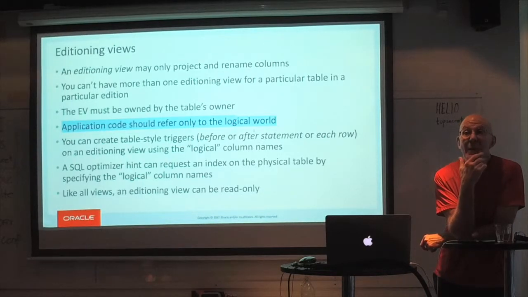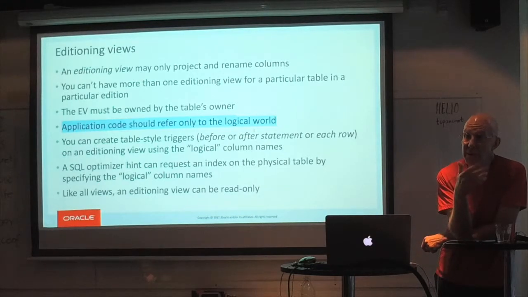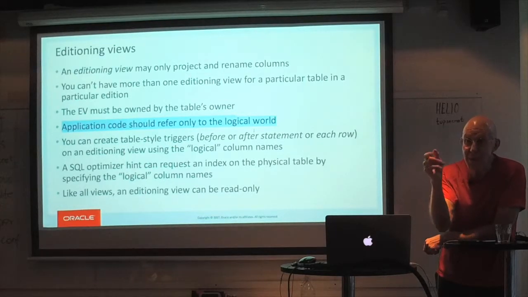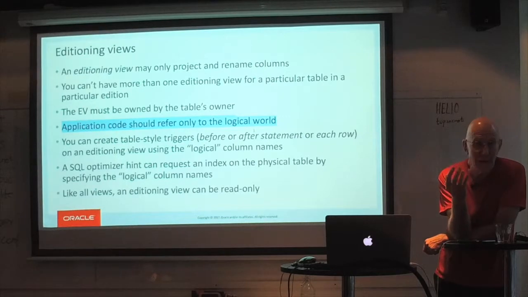Little detail, if you insist on using an optimizer hint, maybe you've heard that the fashionable way to identify an index that you'll use in the hint is not to give its name, but rather to give, without EBR there, the name of the table and the column list that you used when you created it. In a way, you could say that when you go create index some name on T(column list), you've really named it by T(column list).